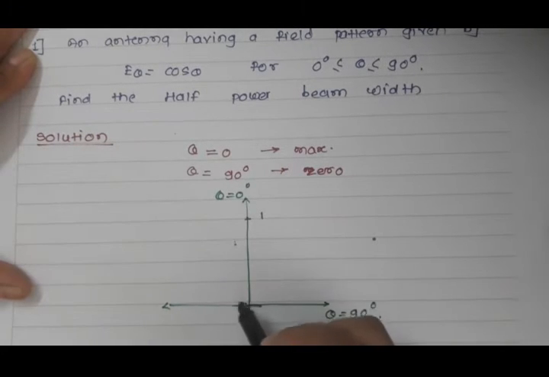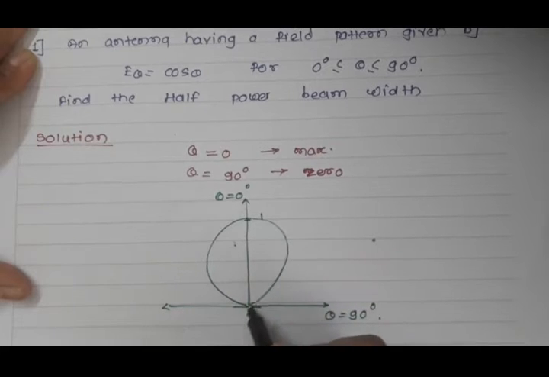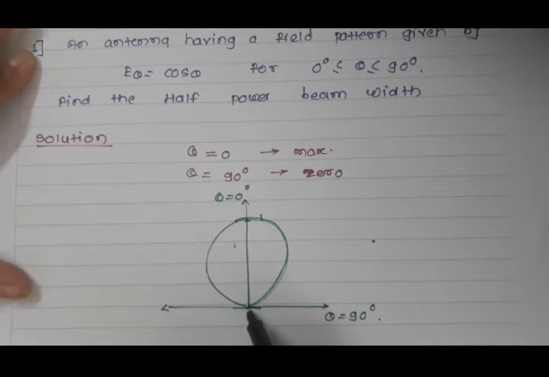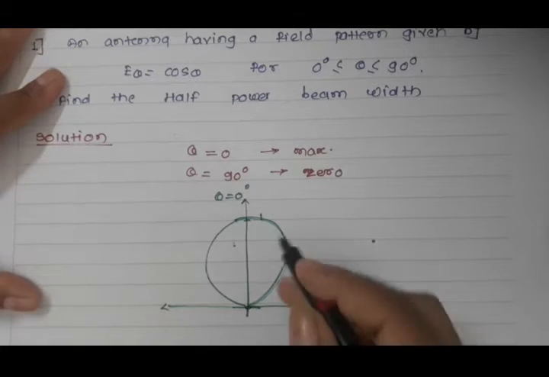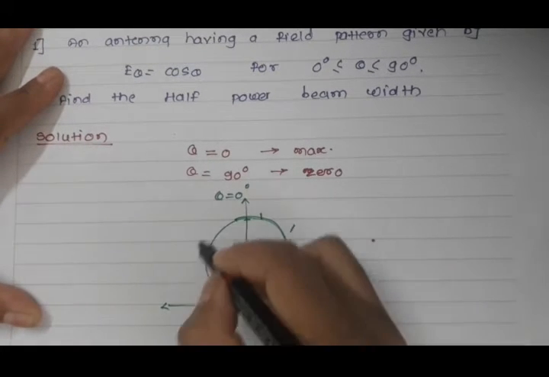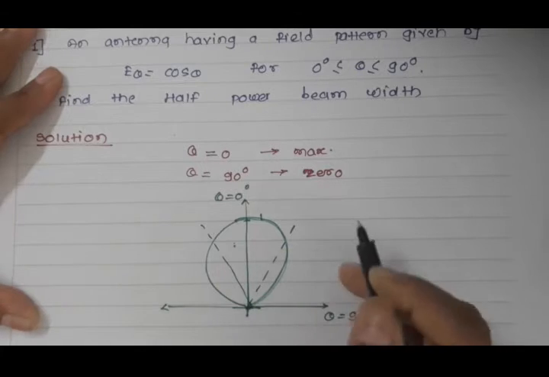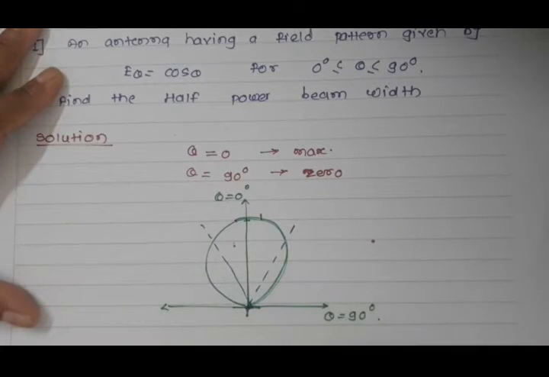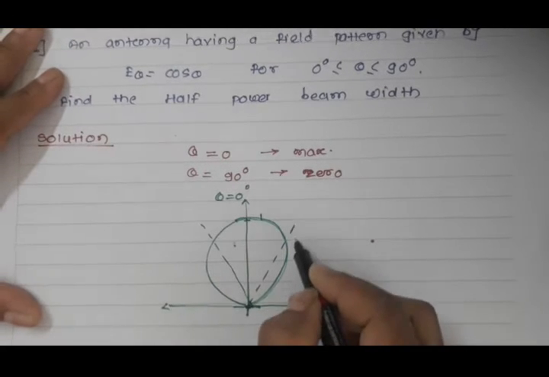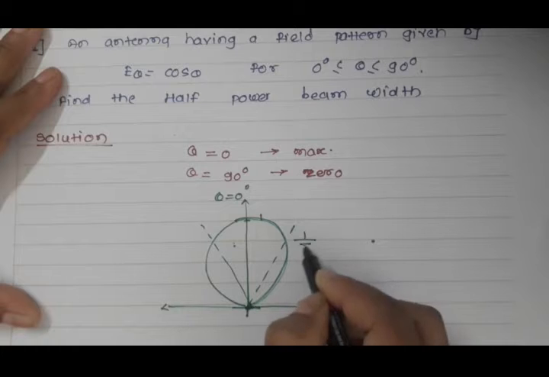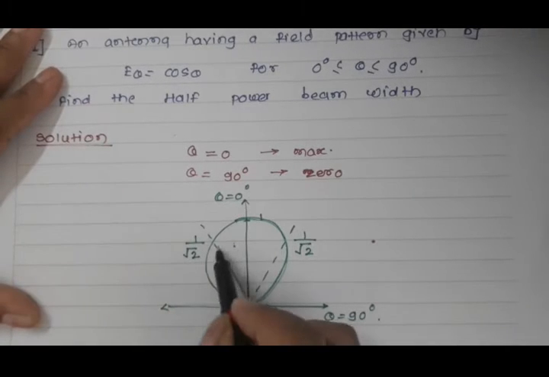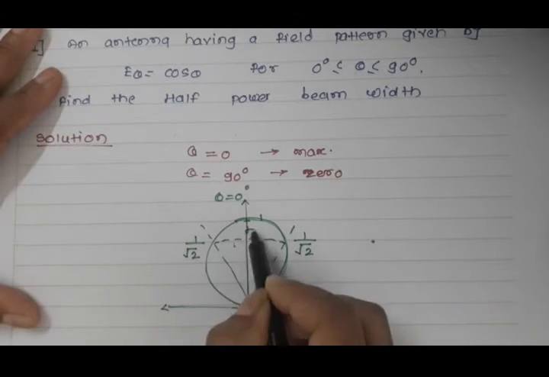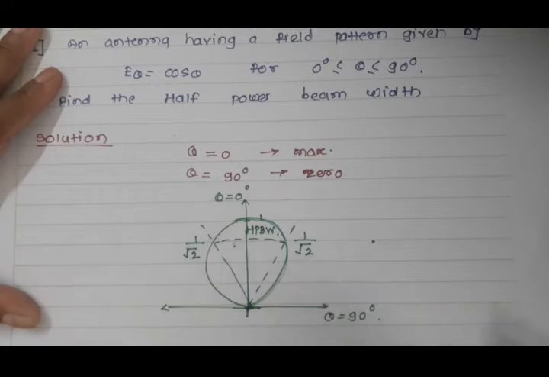When I plot this radiation pattern, it will look like this, with theta at 90 giving 0. Now I need to find where I am getting half power. As E theta is the field pattern, the point where the field is 1 by root 2 is called the half power beam width.